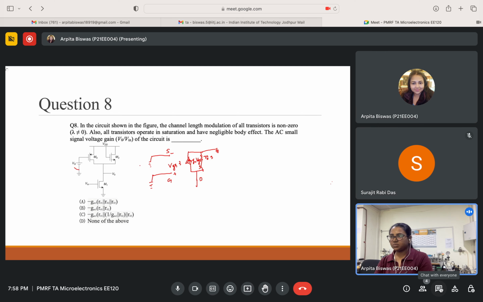It is connected with the second one's source. This is the source, negative, and this is the gate, VGS2.